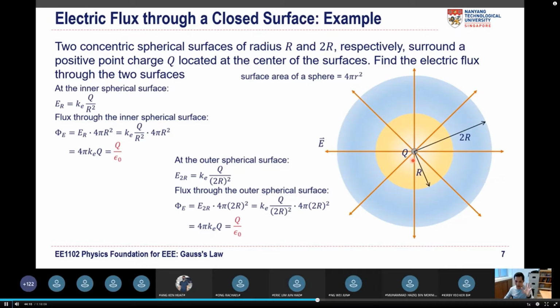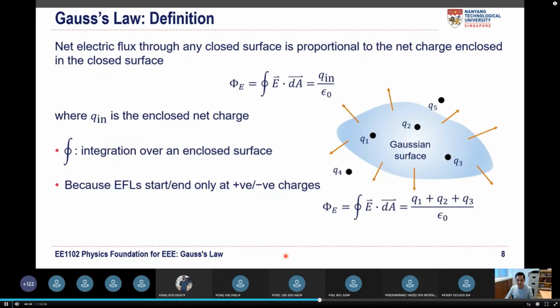That's why we have the same flux, and it is the charge enclosed divided by epsilon 0. The charge enclosed inside the yellow sphere is Q, and the charge enclosed inside the blue sphere is again Q. So we will get the same answer there.